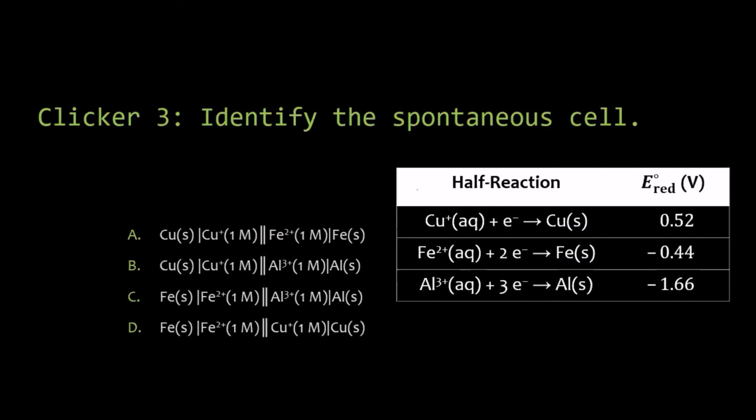Identify the spontaneous cell. So literally, remember, the guy on the left is the oxidation. The guy on the right is the reduction. And the cell potential is reduction minus oxidation. So which one of these guys would give you a positive number? There's a trick to it.